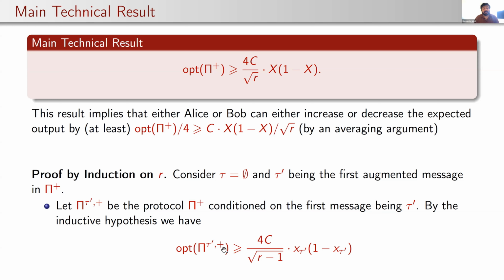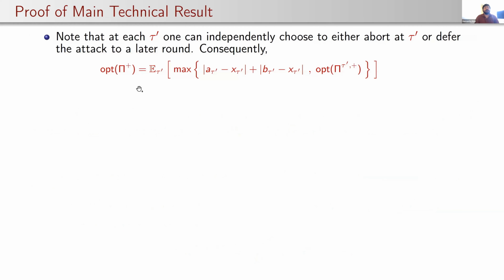By inductive hypothesis, we know that the optimal attack is greater than or equal to the variance of the expected output at tau prime divided by square root of r minus 1. We had argued earlier that the optimal attack works as follows. The adversary at every tau prime can choose one of the 2 attacks independently.